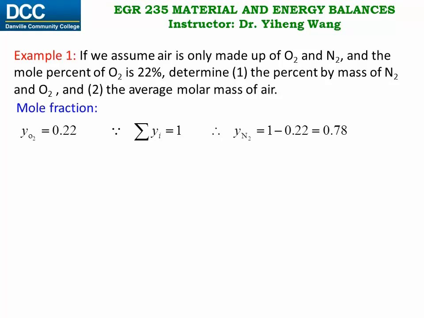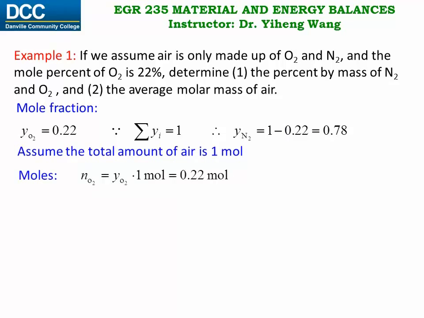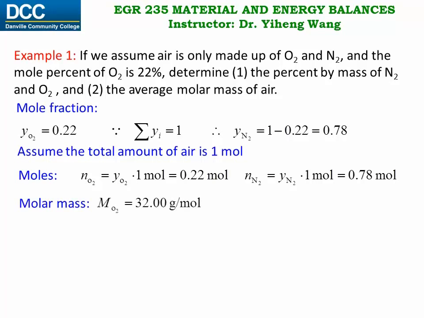Now let's assume that the total number of moles for air is only 1 mole, and therefore we would have 0.22 mole oxygen and 0.78 mole of nitrogen. And we can look up the molecular weights of oxygen and nitrogen and calculate the molar mass to be 32 gram per mole for oxygen and 28.02 gram per mole for nitrogen.